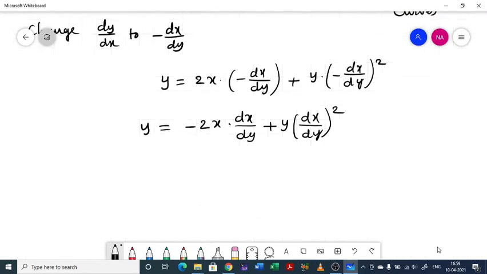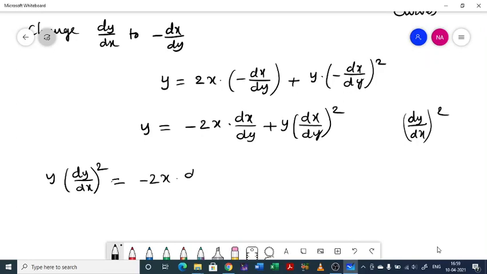If you multiply throughout by dy by dx whole square, it will be y into dy by dx whole square equal to minus 2x into dy by dx plus y into dx by dy whole square cancels with dy by dx whole square, y into 1.